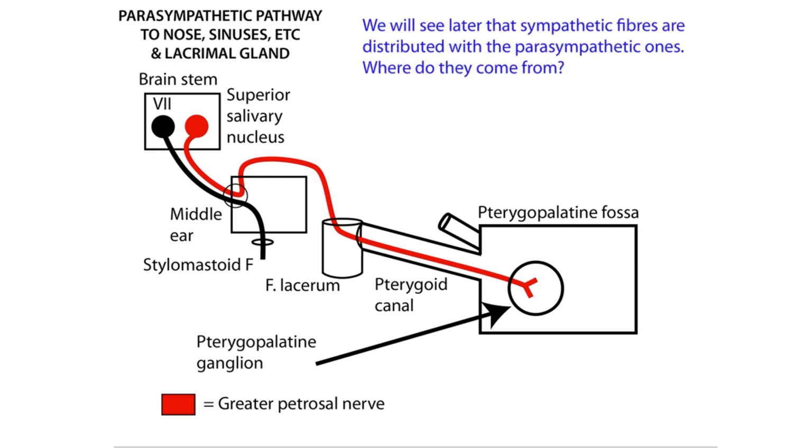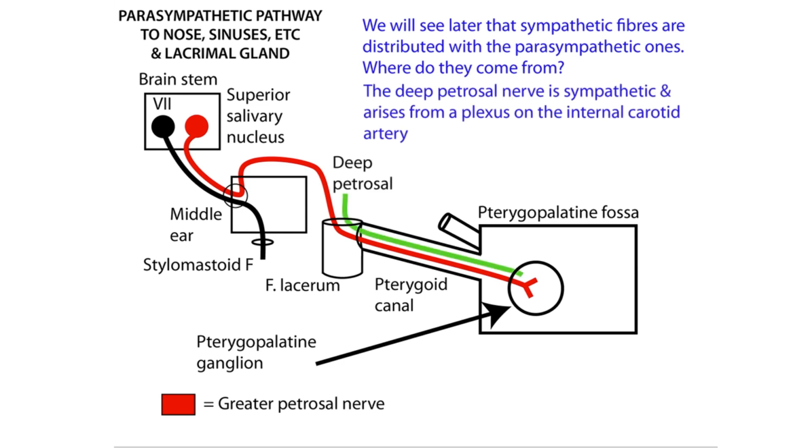We'll see shortly that the sympathetic fibers also pass through the pterygopalatine ganglion, exactly the same as they do through all of the parasympathetic ganglia in the head, but we must ask ourselves where they come from. They come in the form of the deep petrosal nerve, which are sympathetics, and they arise as a plexus on the internal carotid artery in the cavernous sinus.